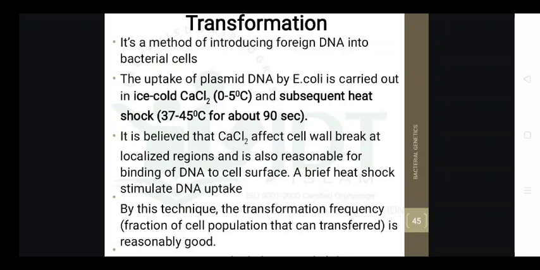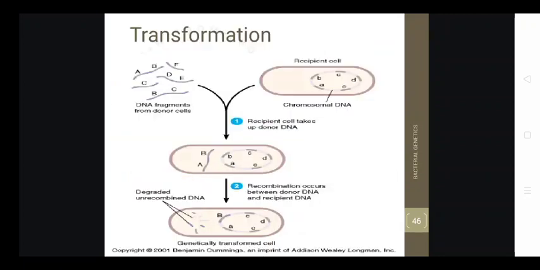And this transfer was carried out by the calcium chloride, which will affect the cell wall break at the localized region and is also responsible for the binding of DNA into the cell structure. And a brief heat shock stimulates the DNA reuptake also. So that is the transformation.